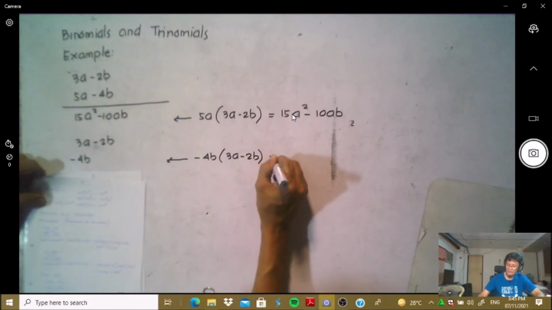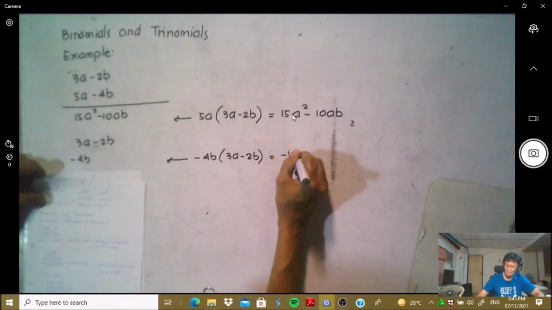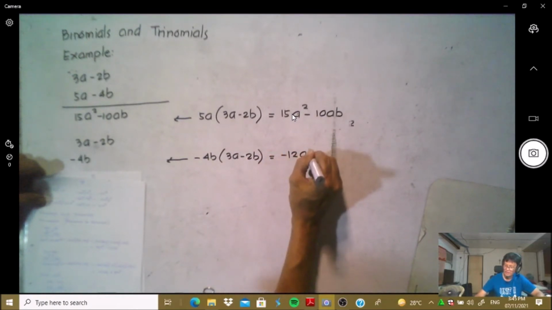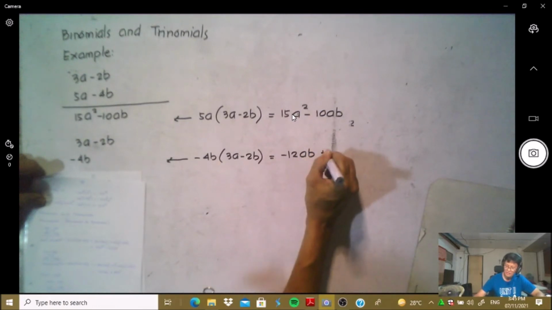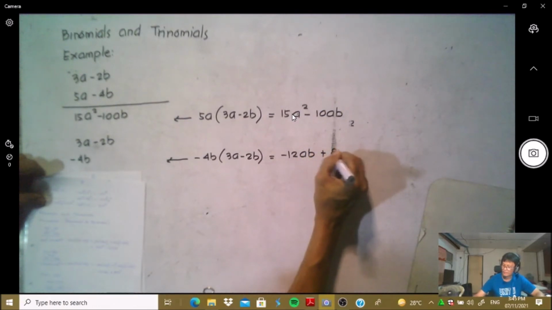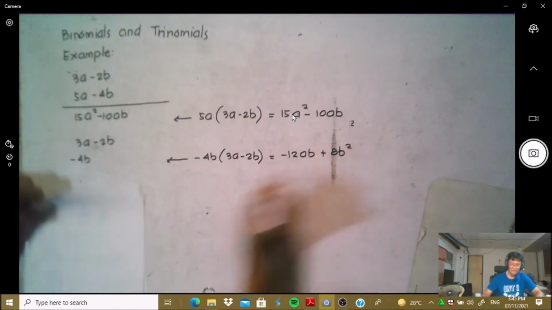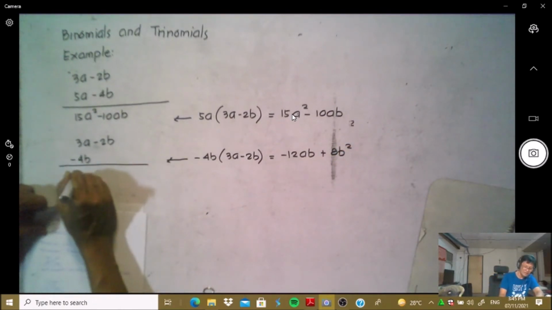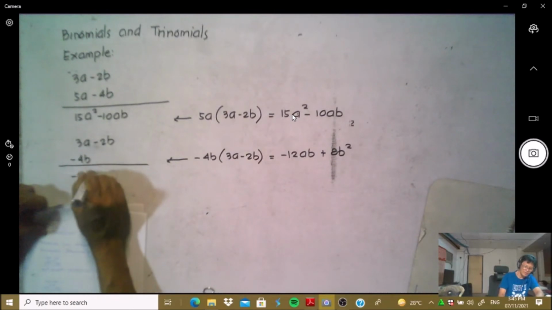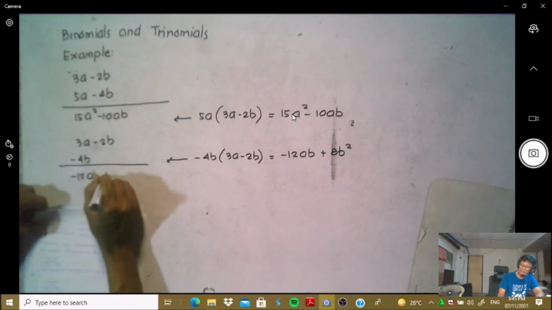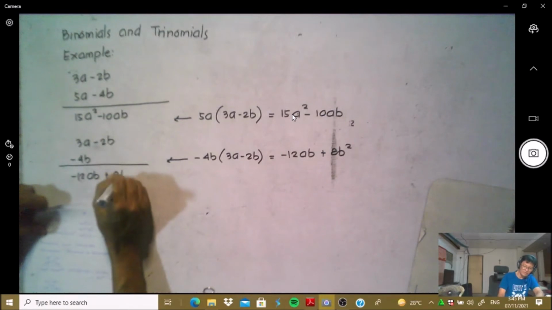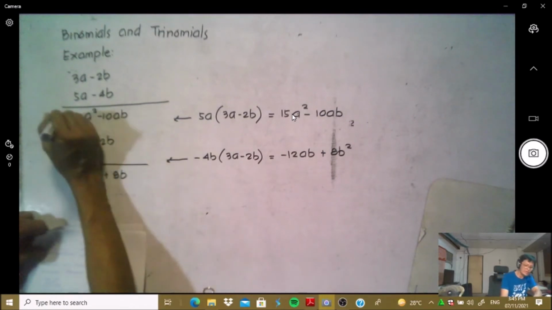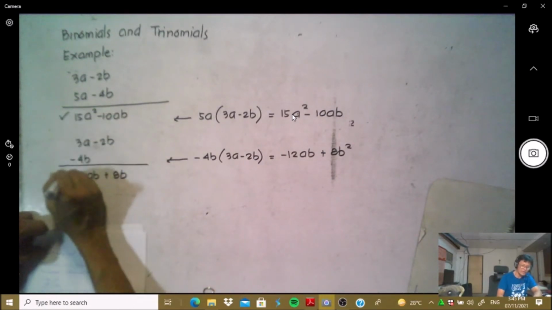Okay, this becomes negative 12ab then plus 8b squared. Okay, so our product here will be negative 12ab then plus 8b squared.